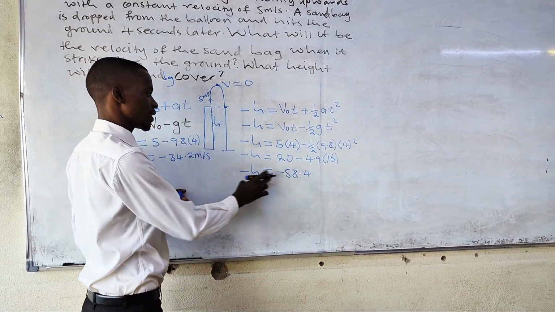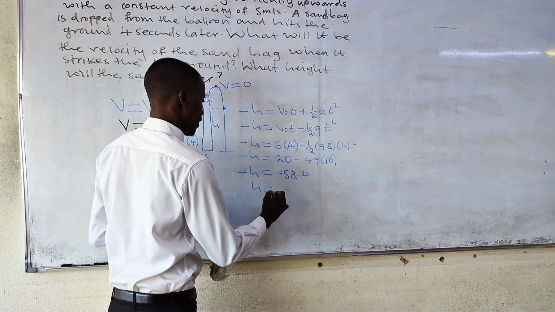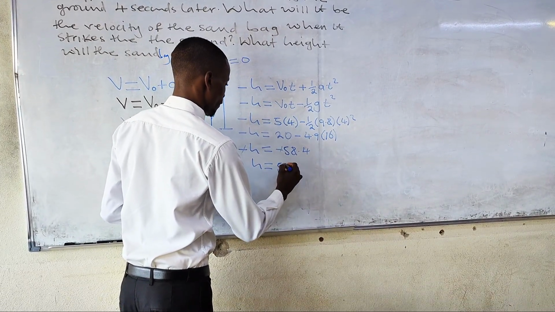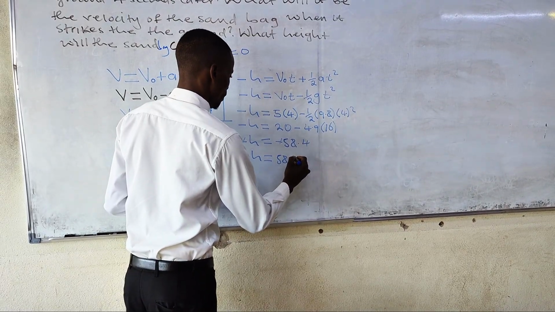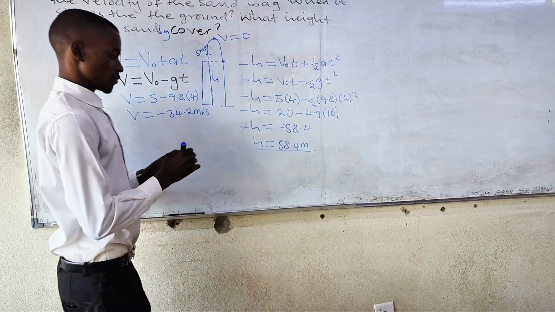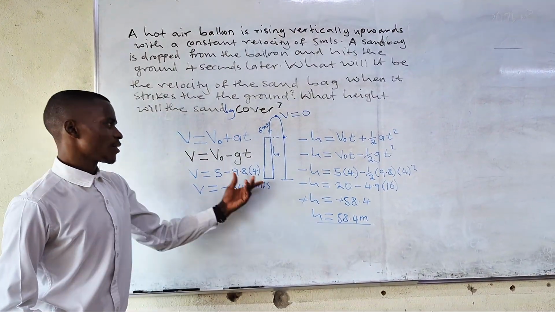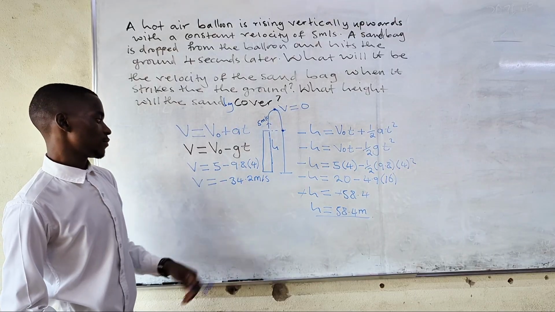Since we have a negative on both sides, these two will cancel. Then the sandbag will cover a height of 58.4 meters. That's how you answer for the final velocity.